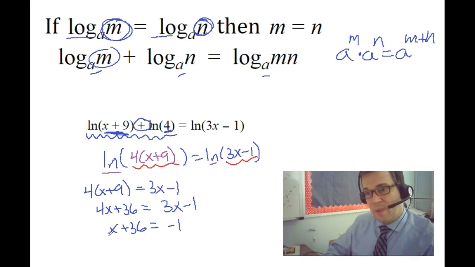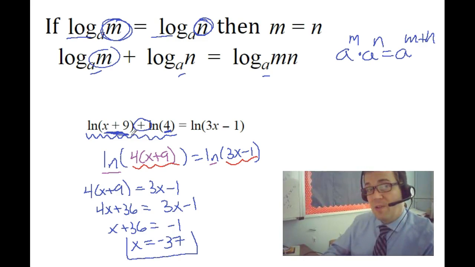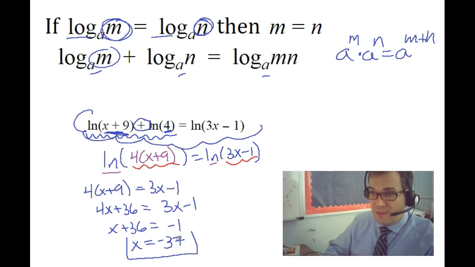And now to get this x by itself, I will subtract 36 from both sides, giving me x equals negative 37. This seems like a good answer. It seems okay. But the other thing we have to worry about for all of these log problems is making sure that our answer doesn't make us take the log of a negative number. So if I go back to my original problem and plug in negative 37, negative 37 plus 9 is going to be a negative number.